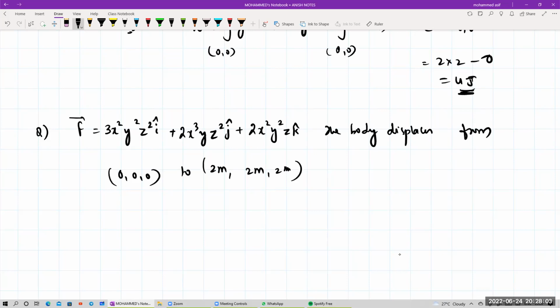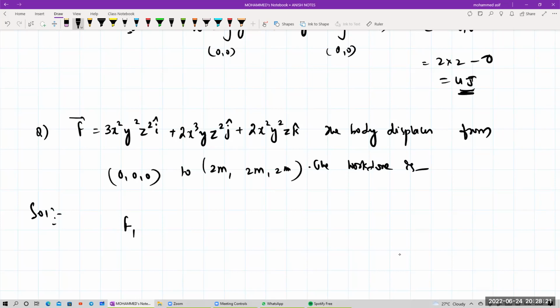So my work done is how much? See the question once again. F is now a variable of x, y, and z. So I can write the force components here.